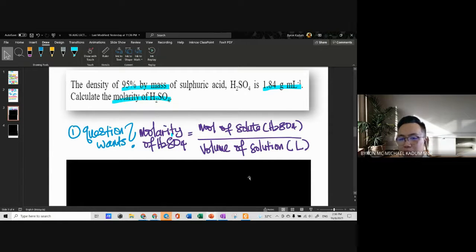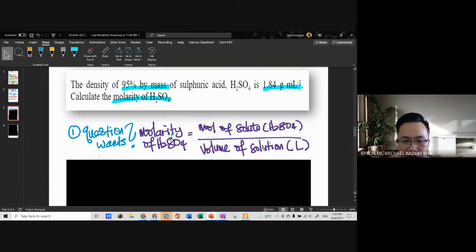So the definition will be different from mole fraction, of course. So you have mole of solute, which is H2SO4, over volume of the solution in liter. But in here, it doesn't say aqueous or anything. It doesn't mention it.